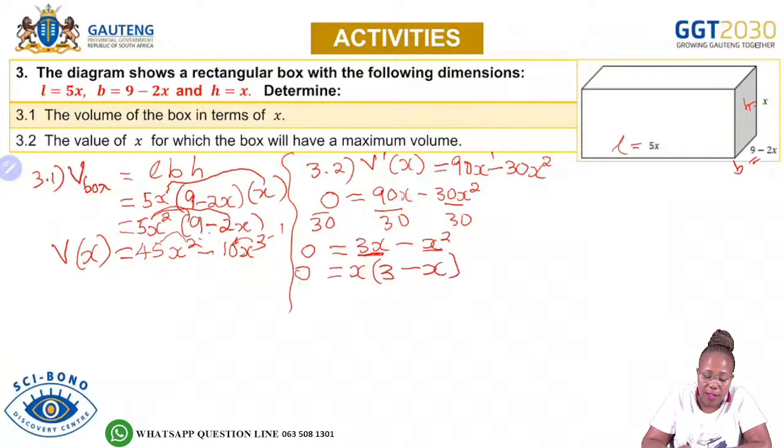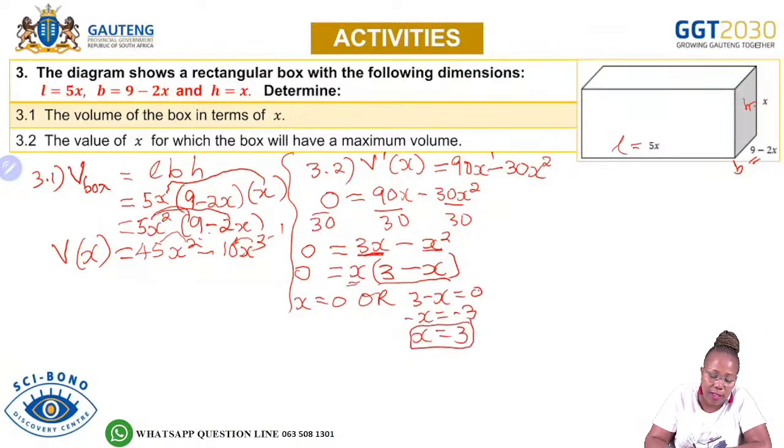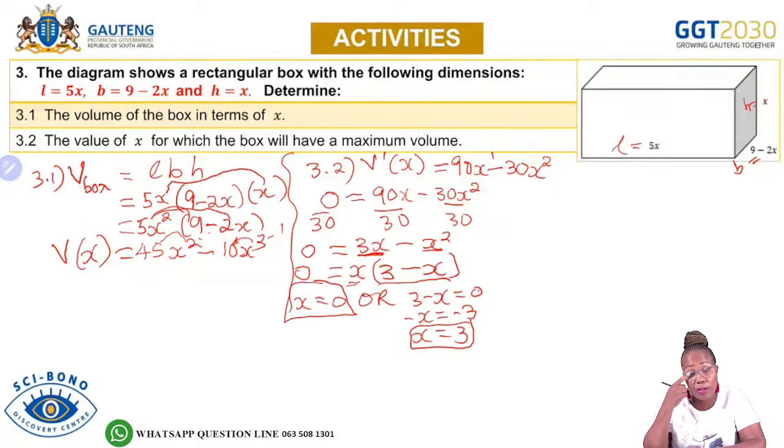Therefore, the first x will be equal to 0, or from the bracket, 3 minus x will be equal to 0. Therefore, minus x is equal to minus 3, then x will be equal to 3. Those are the two x values, grade 12: x equals 0 and x equals 3.